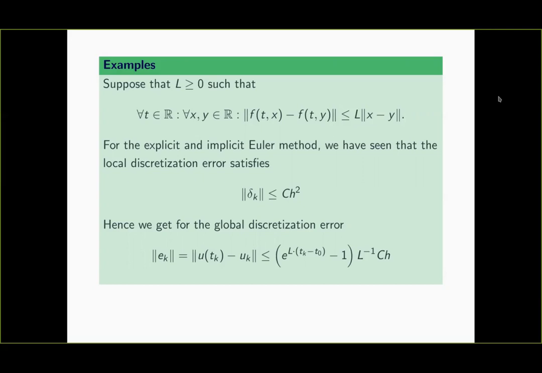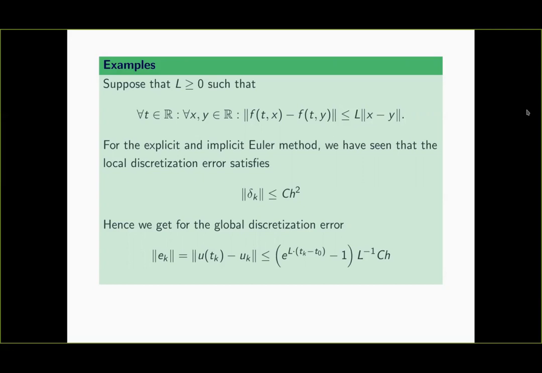And applying the theorem gives us that the global discretization errors at time tk are bounded from above by the exponential of L times tk minus t naught minus 1 multiplied with L inverse times c times h. In that case here, h is just our h to the 1, which is just our h to the p, because p equals 1.